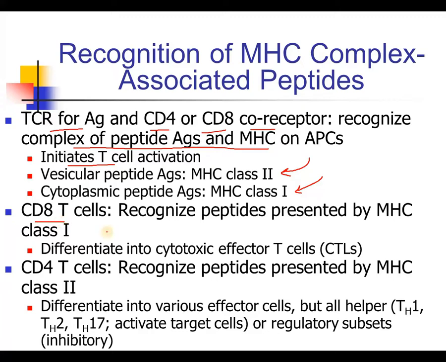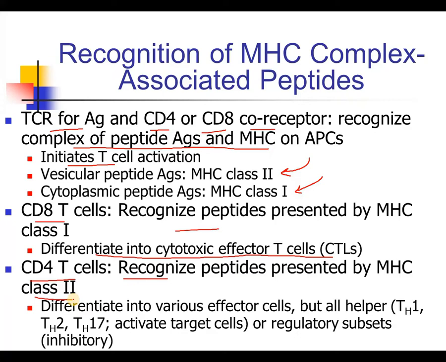Also recall that the CD8 positive T cells are going to recognize peptides that are presented by MHC class 1, and they will differentiate into cytotoxic effector T cells, or CTLs, while the CD4 positive T cells are going to recognize peptides presented by MHC class 2, and they differentiate into several different subtypes of effector cells. All of them help in some way. They might help macrophages, they might help B cells, or they might be involved in regulation.